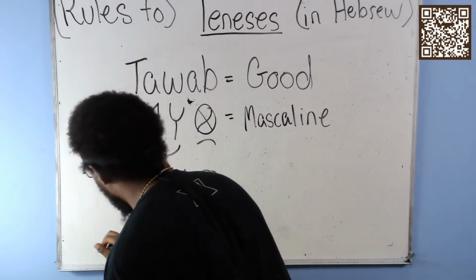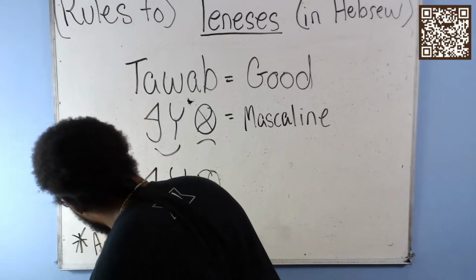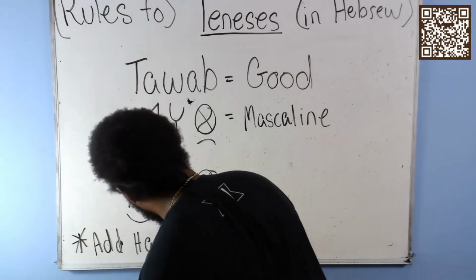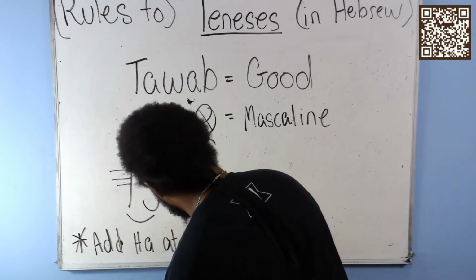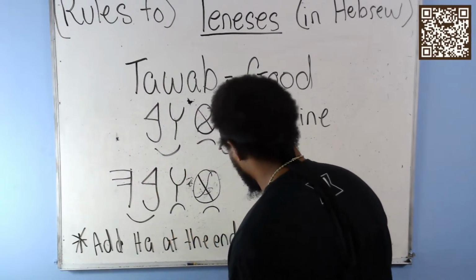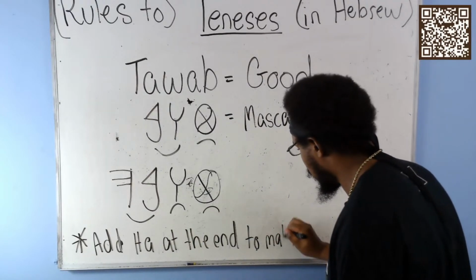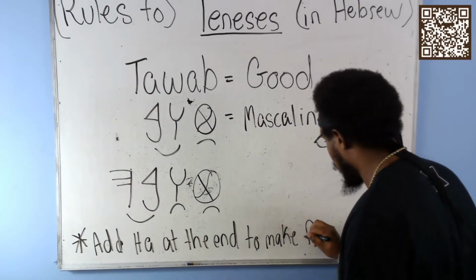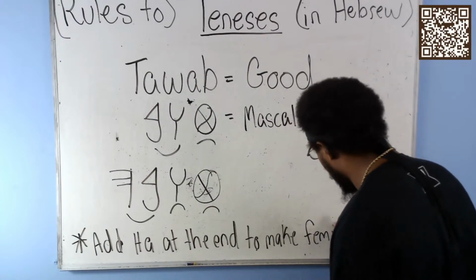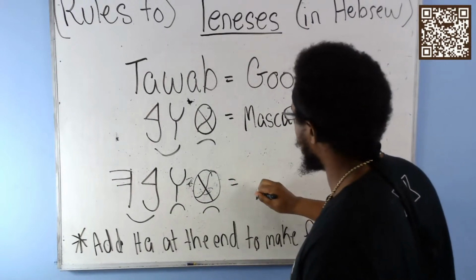So you add ha at the end to make feminine.